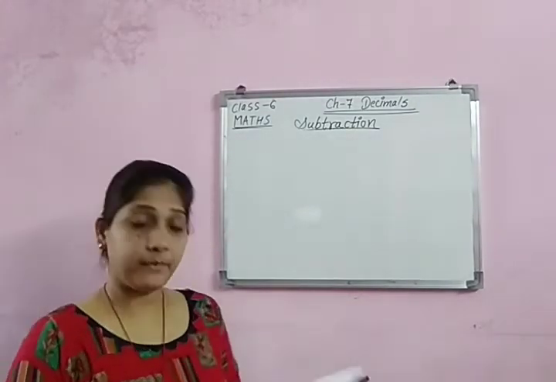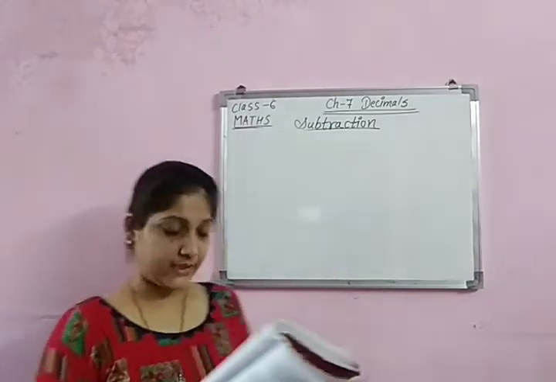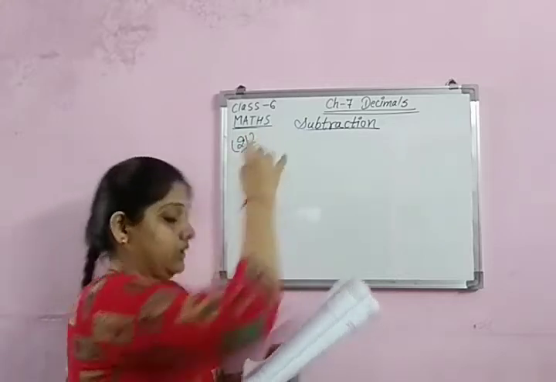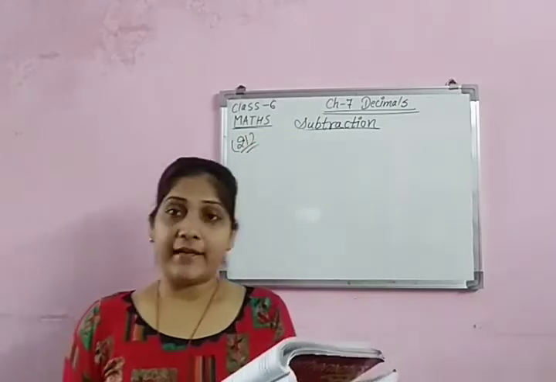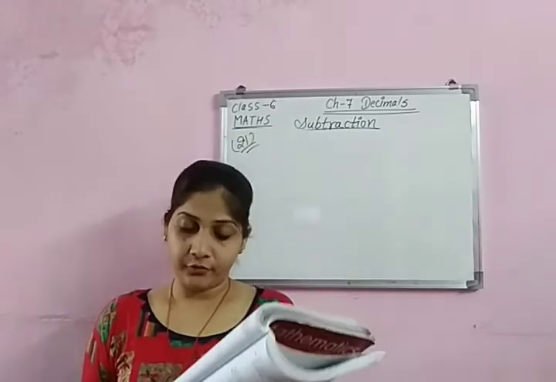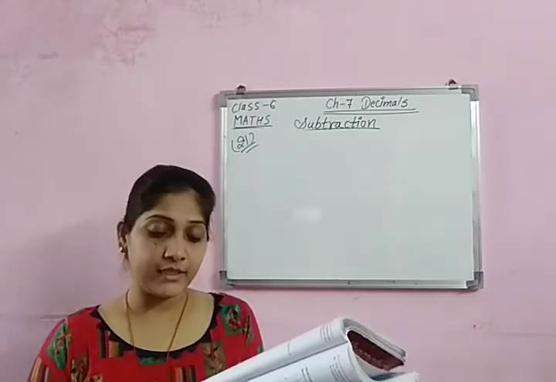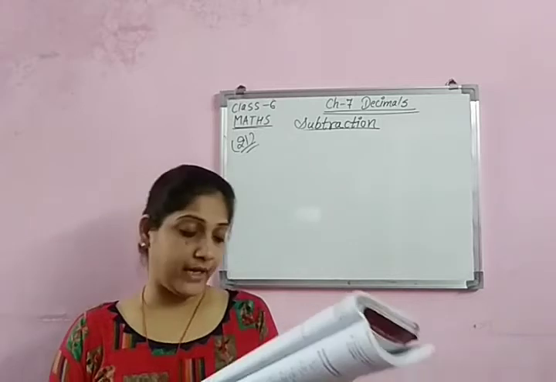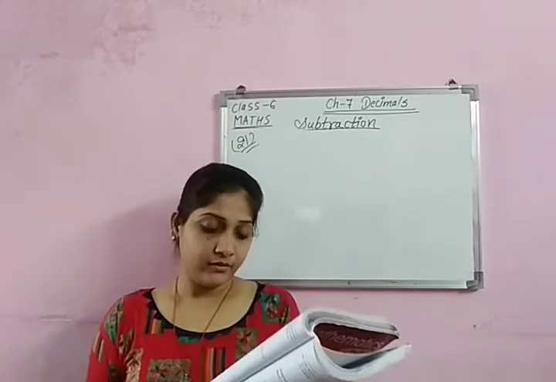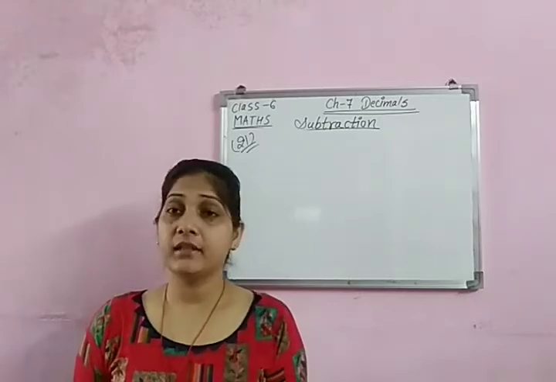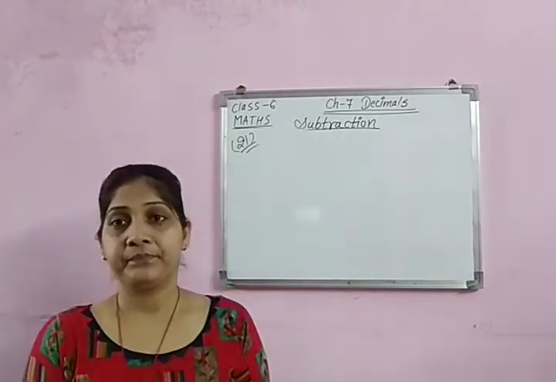So Sunita purchased 5 kilograms 75 grams. This is question number 21. Sunita purchased 5 kilograms 75 grams of fruits, 3 kilograms 465 grams of vegetables and put them in a bag. If this bag with these contents weigh 9 kg, find the weight of empty bag.